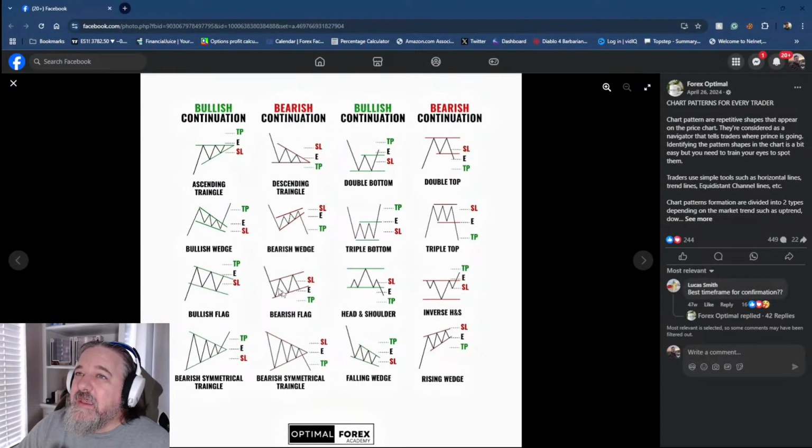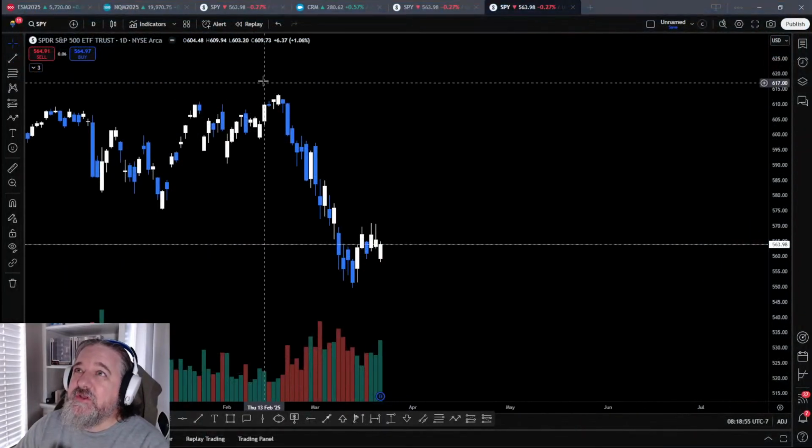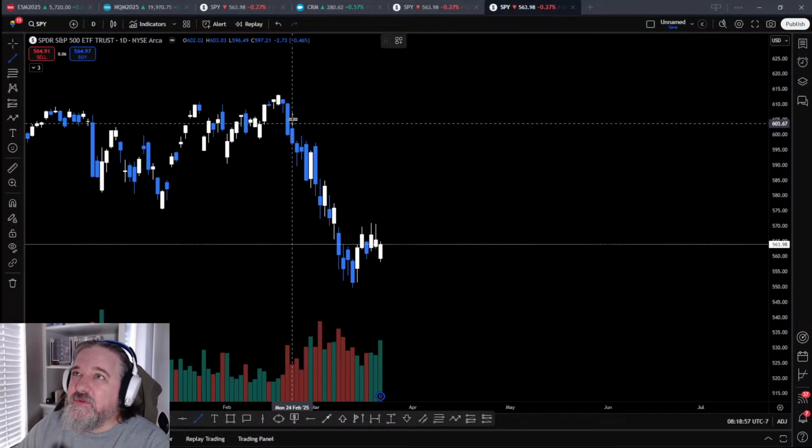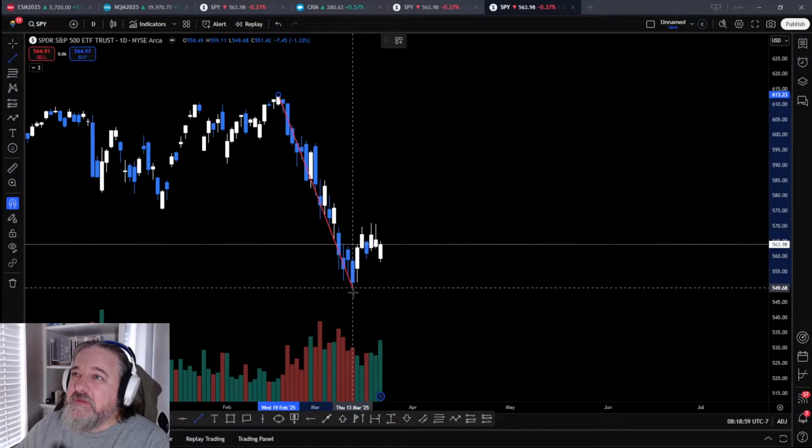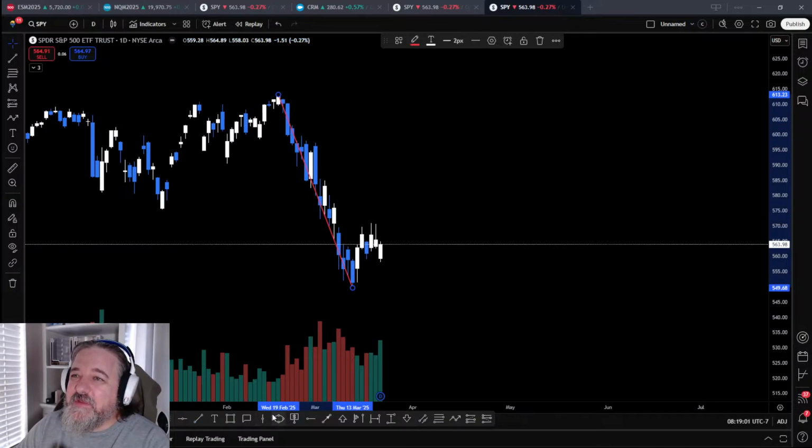Right now we're looking at a bear flag, or possibly a bear pennant, which they don't have listed on here. But if we look at this, this is our flagpole here from the top to the bottom. And again, we're not going to focus on this stuff too much.